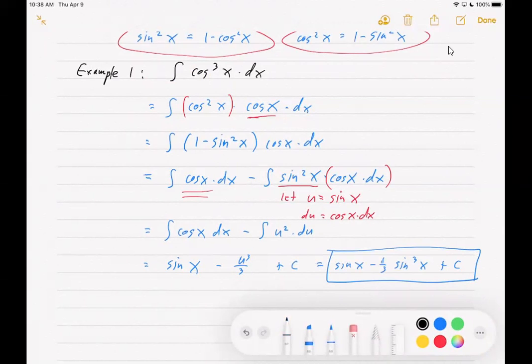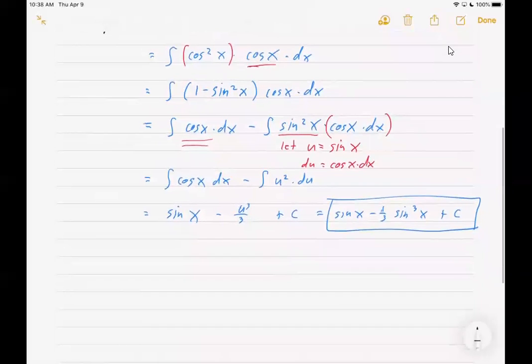So if you take the derivative with respect to x of our answer, if you look at the first term, you'd have a cosine of x. Then you would have minus, you would be using a chain rule here.